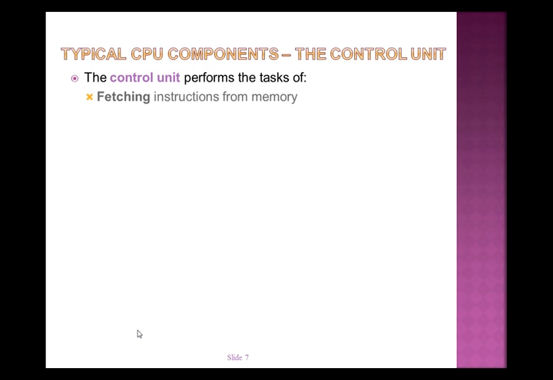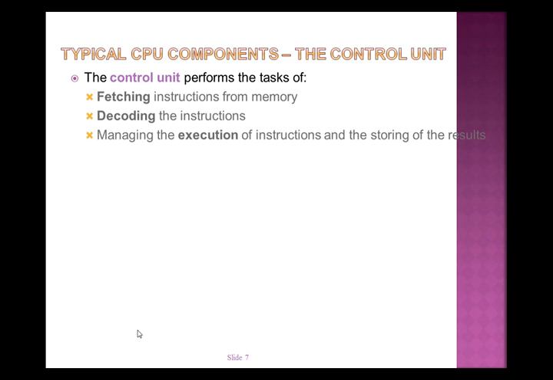Fetching the instructions from the memory. First of all, the control unit fetches the instruction from the memory. Then it decodes the instruction. This is the same cycle which we have discussed in pipelining. First it fetches, then decodes the instructions, then manages the execution of the instructions and stores the result.